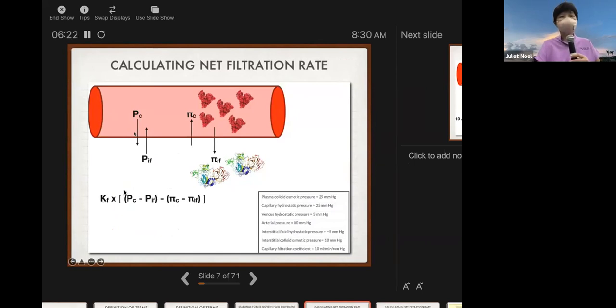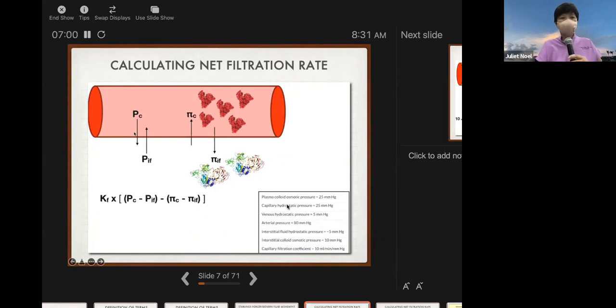You multiply it by the difference between the capillary hydrostatic pressure minus the interstitial hydrostatic pressure, then you subtract the difference between the capillary oncotic pressure minus the oncotic pressure of the interstitial fluid.